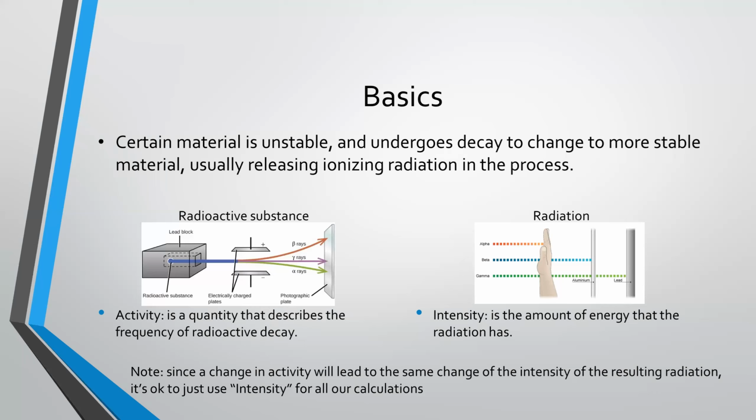And here is an important note. Since a change in activity will lead to the same change of intensity, it's okay to just use intensity for all the calculations because they are proportional. So you can use them interchangeably, but just keep in mind that they are not the same thing. They are different.